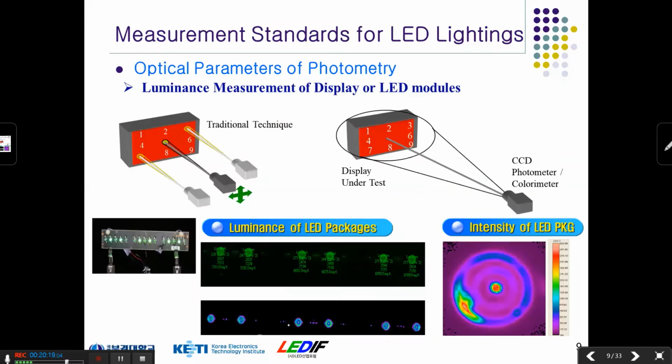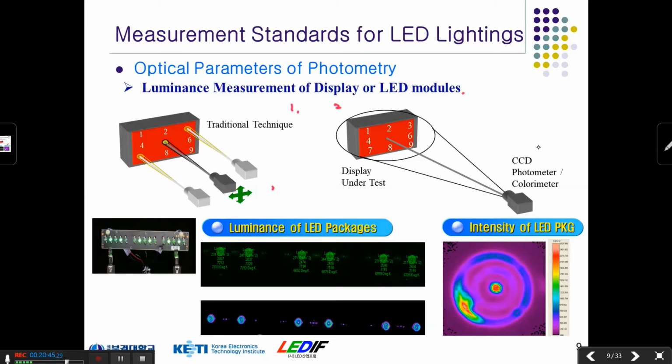This slide shows examples of luminance measurement of display or LED modules. In the actual measurement of a flat panel display, there are two kinds of measurement. One is moving the CCD camera and measuring 9 points.